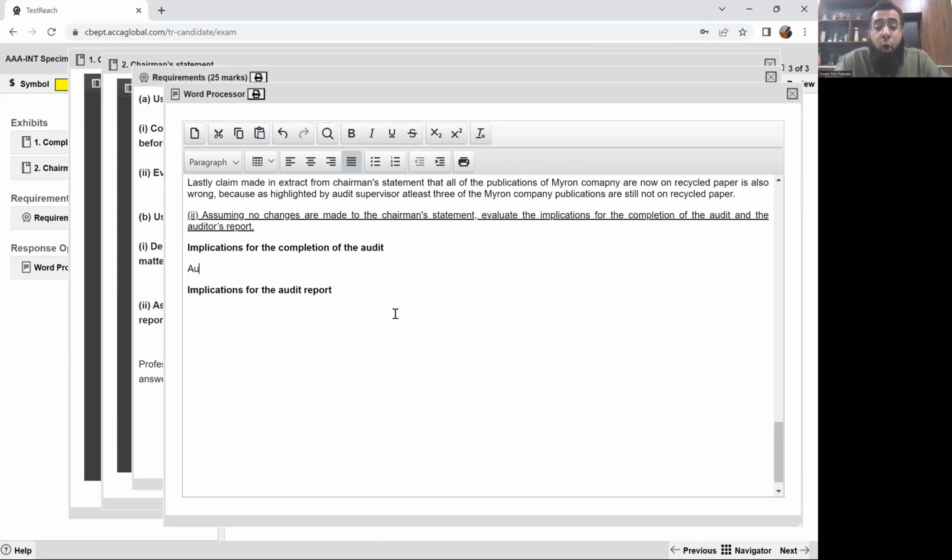Okay, so the auditor should further investigate the misstatements in chairman's statement. Okay, he should further investigate them to find out whether there is any justification.